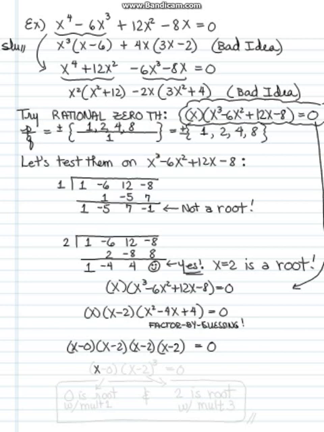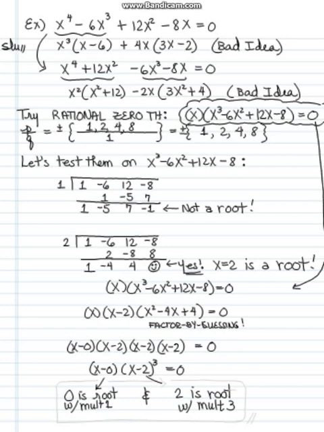So if we write this in its exponential form, it would be x minus 2 to the third power. And that would give us 0 is a root with multiplicity 1, so it counts only once. And we have 2 is a root with multiplicity 3.